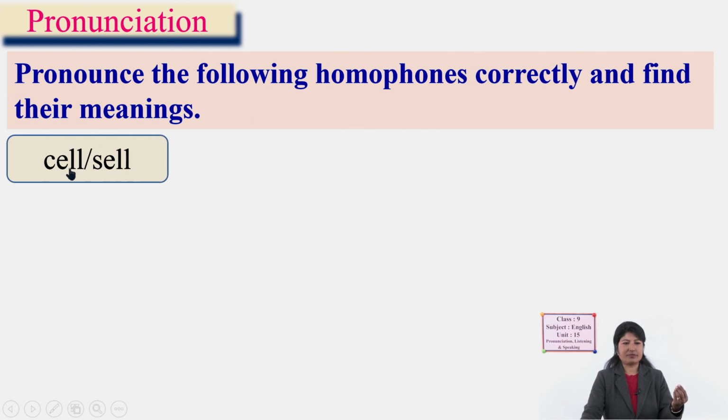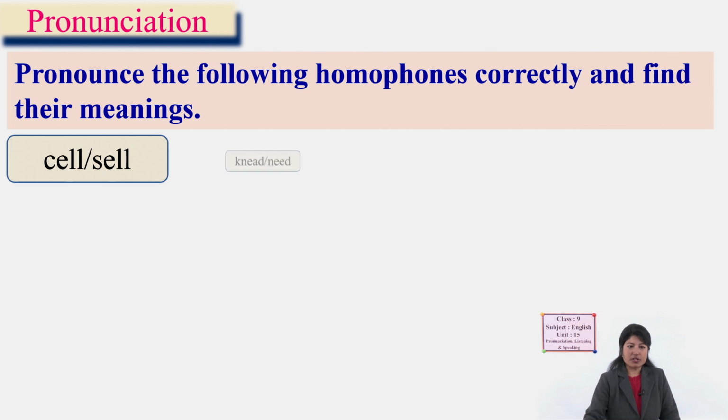Kos we call it in Nepali. And the other sell is selling of things, buy and sell. But they are pronounced in the same way. Sell, sell, they are homophones.